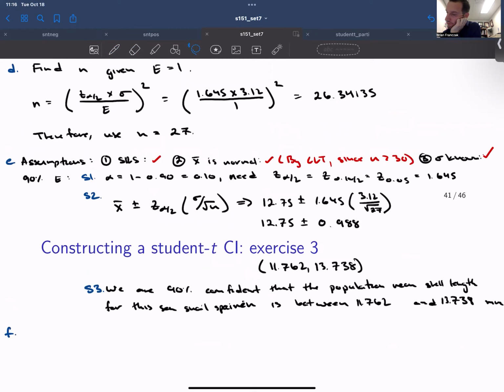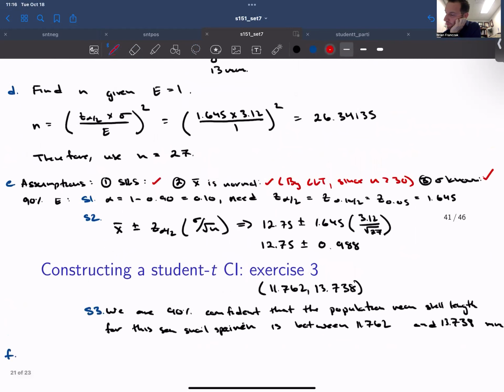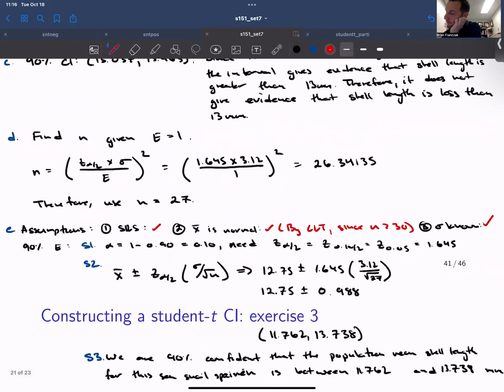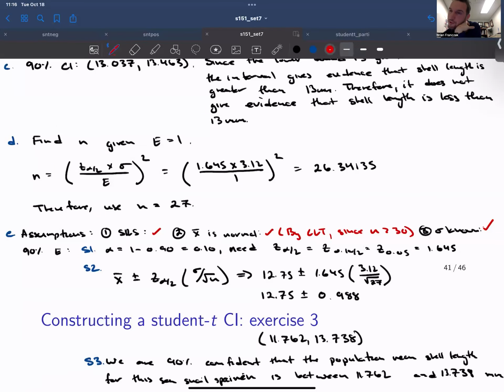Right, so looking back on it now, you can see here I have by CLT because n is greater than 30 in part E, but the sample size is now only 27, so that's actually not true anymore, and I just skipped ahead. Sorry about that.